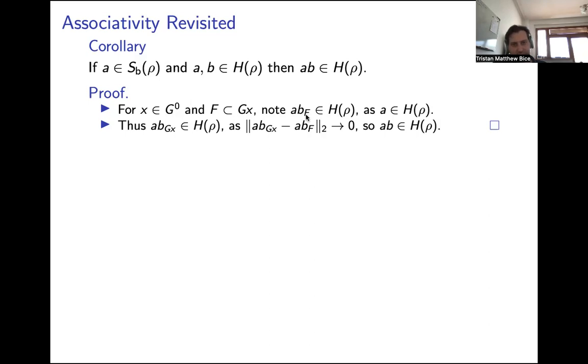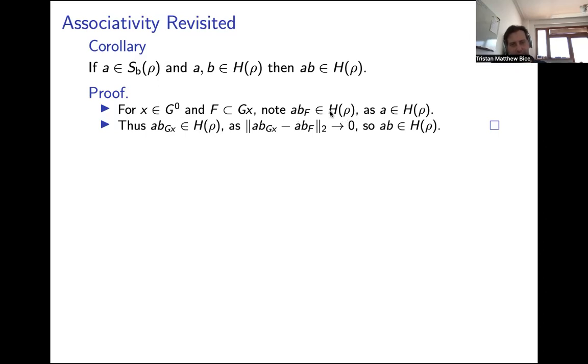You can imagine B restricted to the singleton elements that make up F. So if you multiply A by some singleton supported element, and A is already in H of rho, then it definitely again has to be within H of rho. I guess what that really boils down to is the submultiplicativity of the norm in all of the fibers.